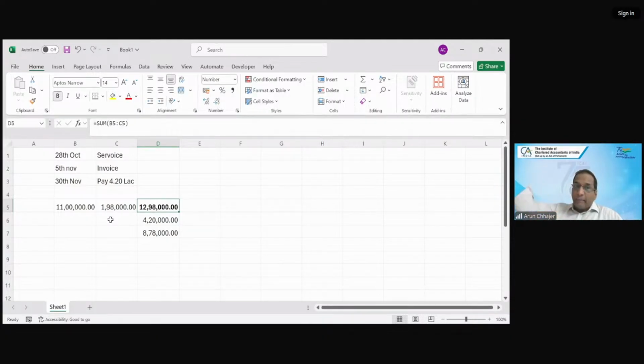How much payment was made? 420. What is the amount which is not paid? 8,78,000. Is it inclusive of tax? Yes. So divided by 118 multiplied by 18. This is the reversal of ITC: 1,33,932.